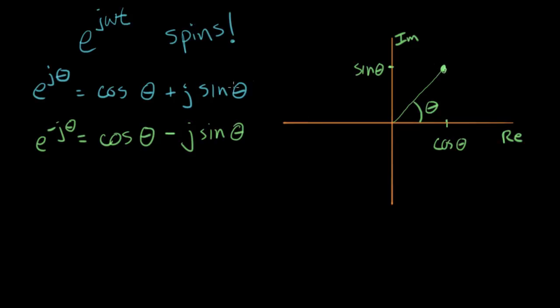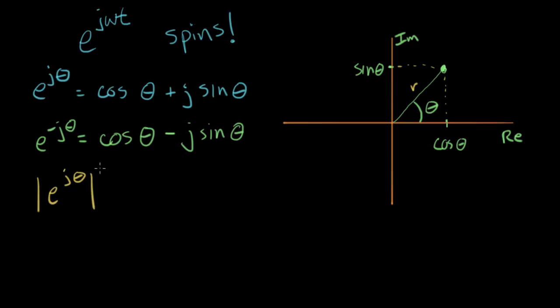So let's take a look at some of the properties of this complex number. All right, one of the things we can ask is, what is the magnitude of e to the j theta? If I put magnitude, absolute value bars around that, what that says is, what is this value here for r? And we can figure that out using the Pythagorean theorem.